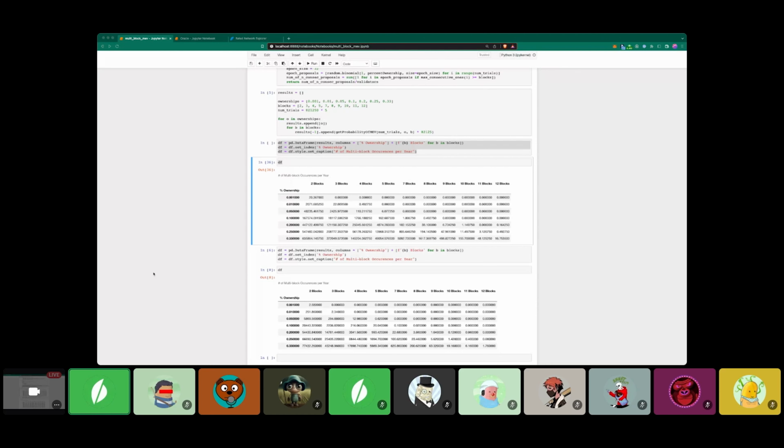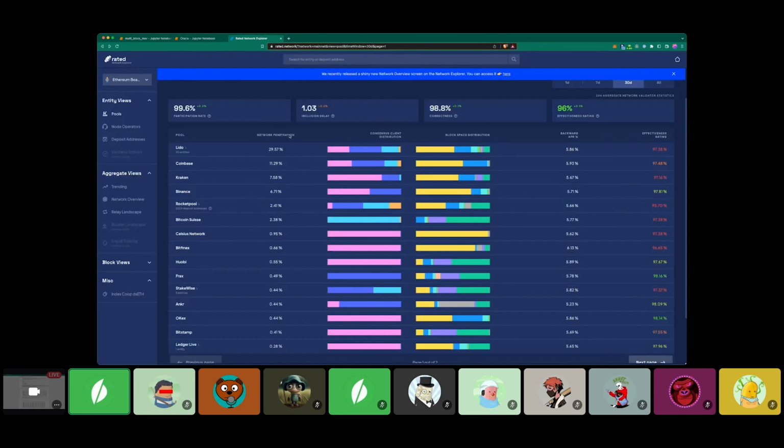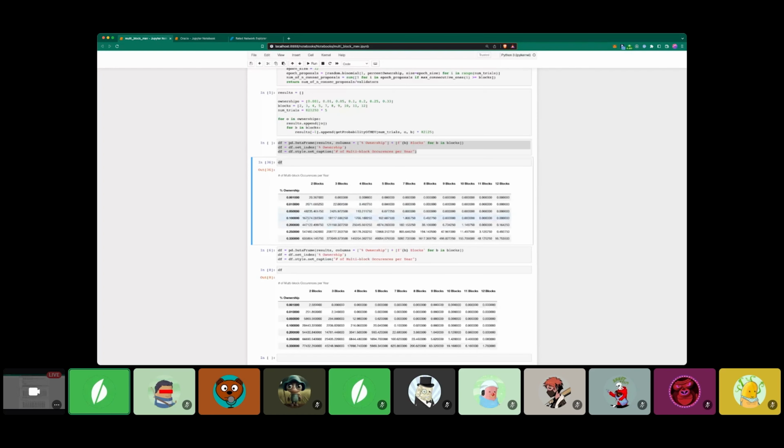Awesome. So, looking here, it seems like somewhere between 10 to 20% is the target. 20% does feel quite high, especially since once someone has 33% of stake, they're able to pretty much control 33% of the attestations already.